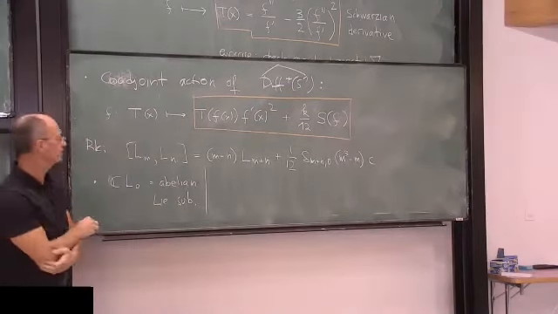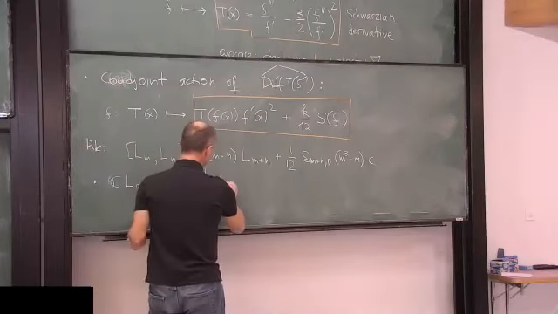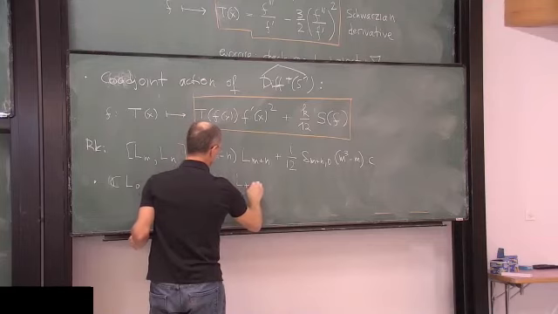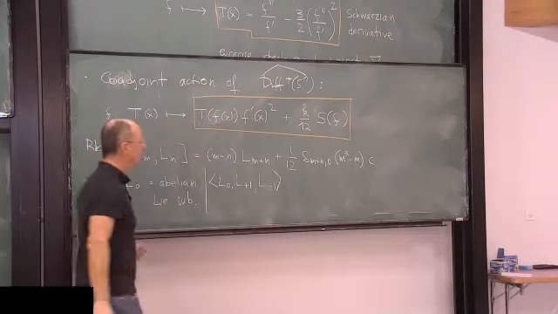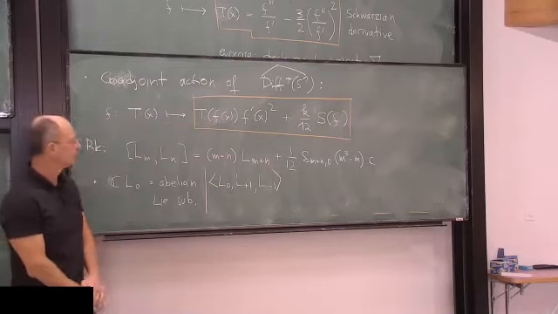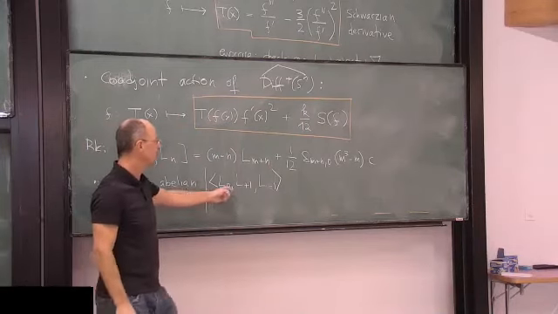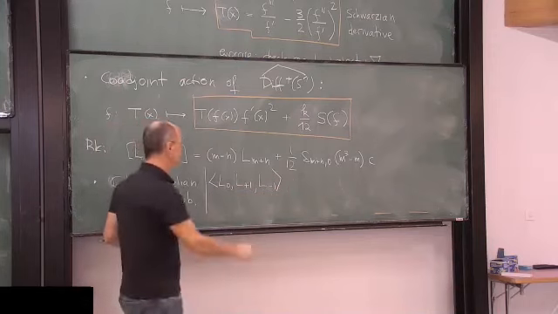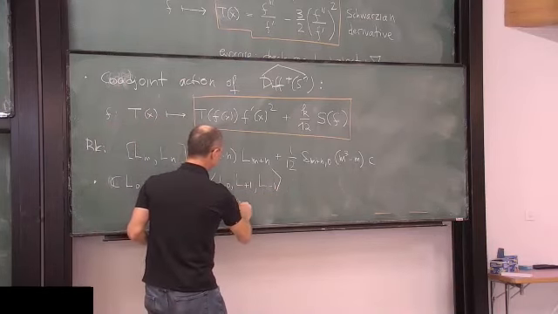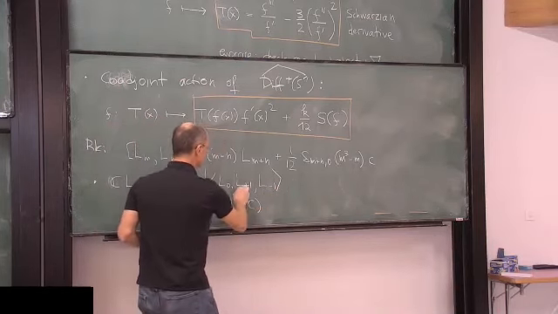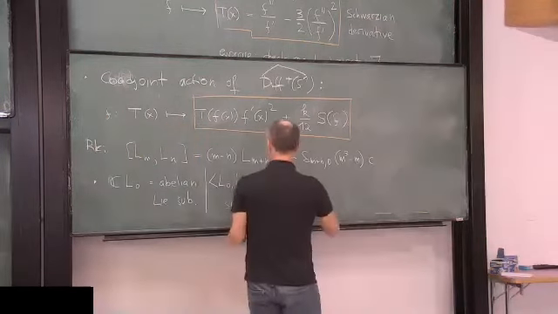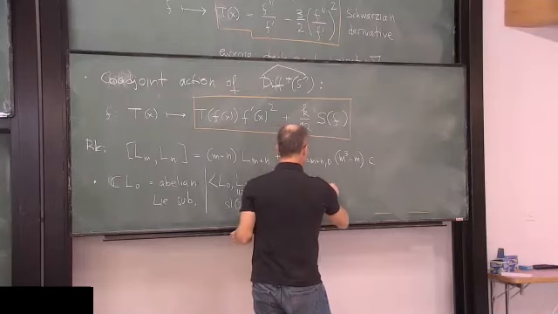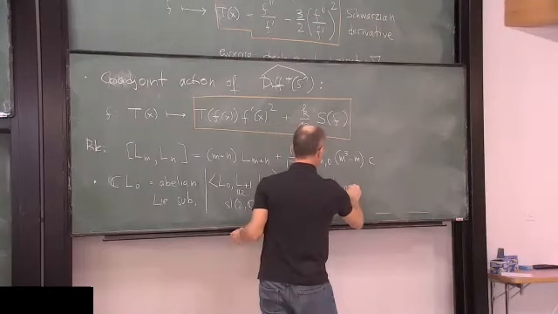But then, interestingly, there are other subalgebras. It's easy to check that L naught, L plus 1, and L minus 1 generate SL2C. And also Ln and L minus n.